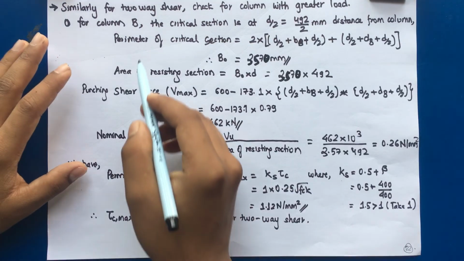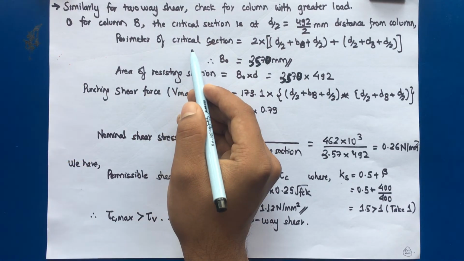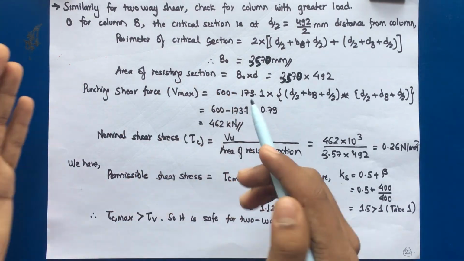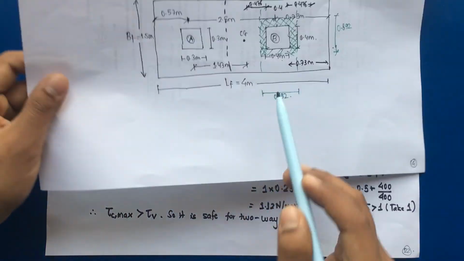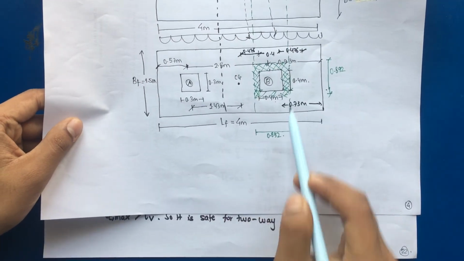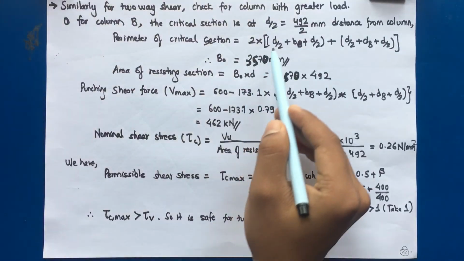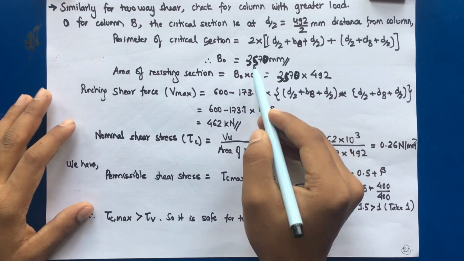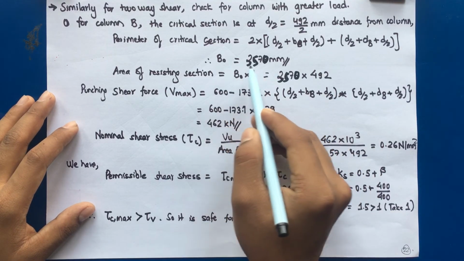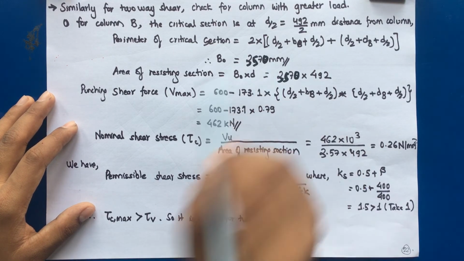and this will also be 0.892. And the perimeter of the critical section, as I have already shown the tributary area, so the perimeter is nothing but 2 into (L plus B). So substituting the value as 0.892, or we can say 892 mm, we get b0, this is the perimeter, as 3570 mm.